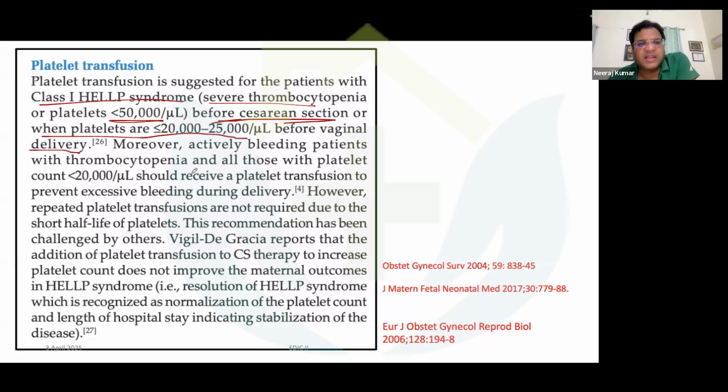These patients mostly do not need repeated platelet transfusion despite the short half-life of platelets. And Vigil de Gracia reports suggested that adding platelet transfusion to corticosteroid therapy to increase the platelet count does not improve the maternal outcome in HELLP syndrome. So these are all those options.